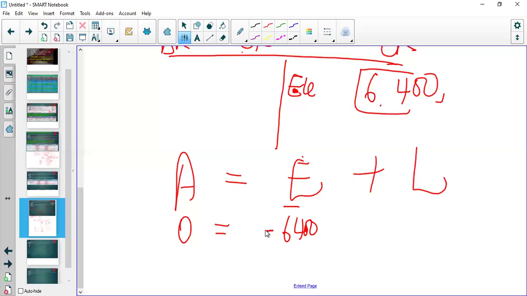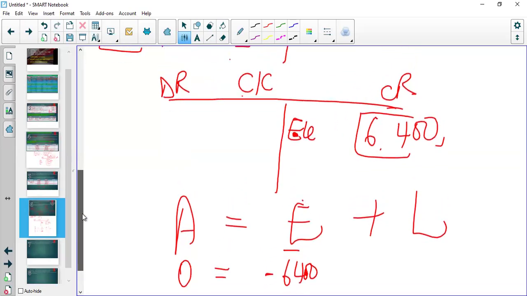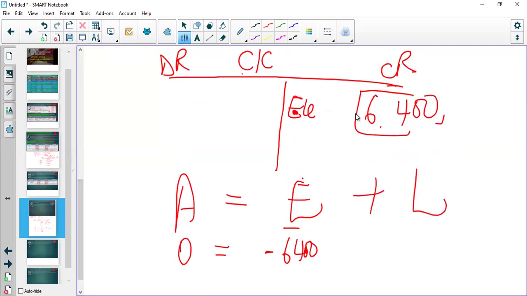And this is going to be a minus, right? Then our liabilities have also increased because we now owe the credit card company 6,400. They gave us a provision and we have used that provision. So we have to repay to them 6,400. All right. So this is going to be our basic accounting equation.